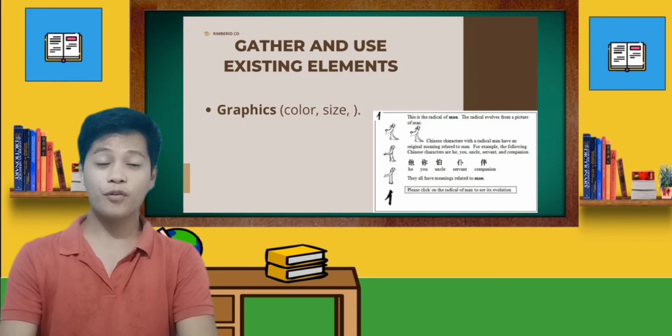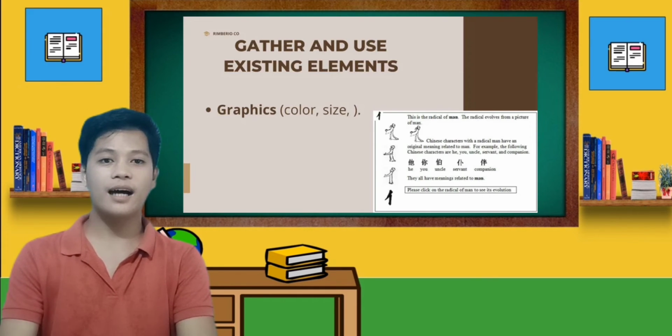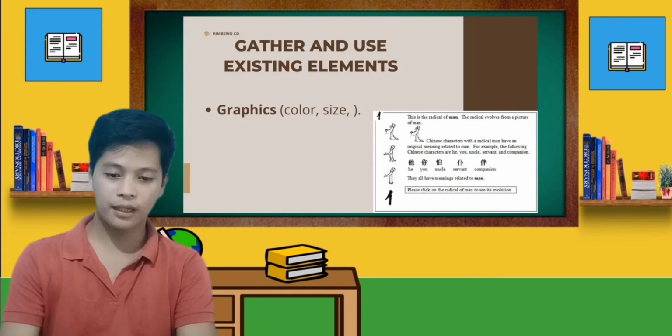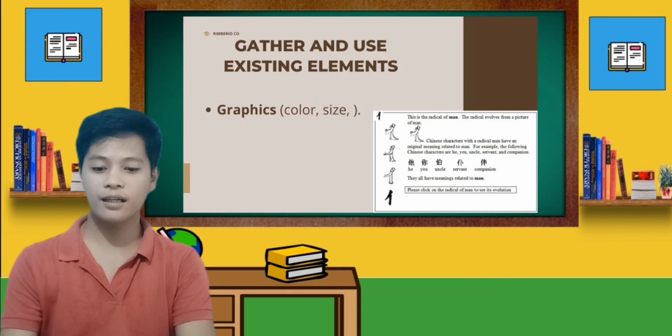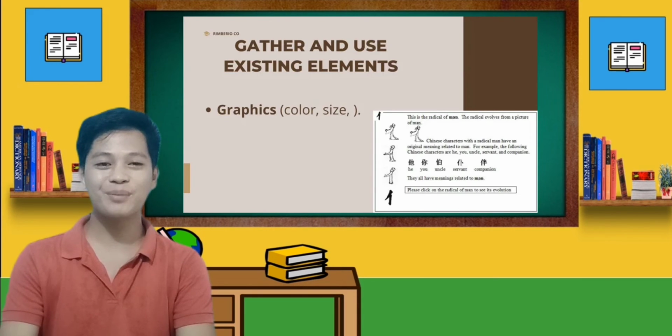Next, of course, in developing an instructional material, there are graphics, images, pictures, and graphs that will be put in it. Under graphics, we must consider the color. We should not use black and white if we want the student to identify what color is seen in the image.